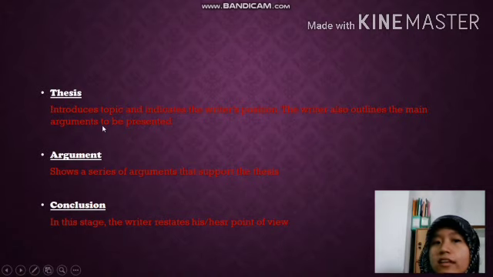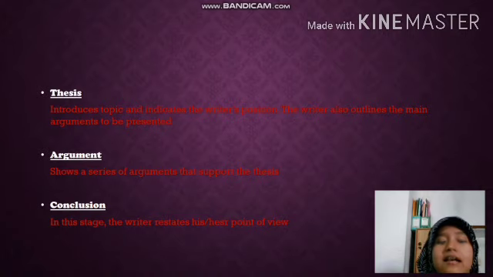In analytical exposition, we have thesis, argument, and conclusion. However, in the hortatory exposition text, there are thesis, argument, and the last is suggestion. Okay, the difference is this one. Analytical exposition has conclusion, but hortatory exposition has suggestion.